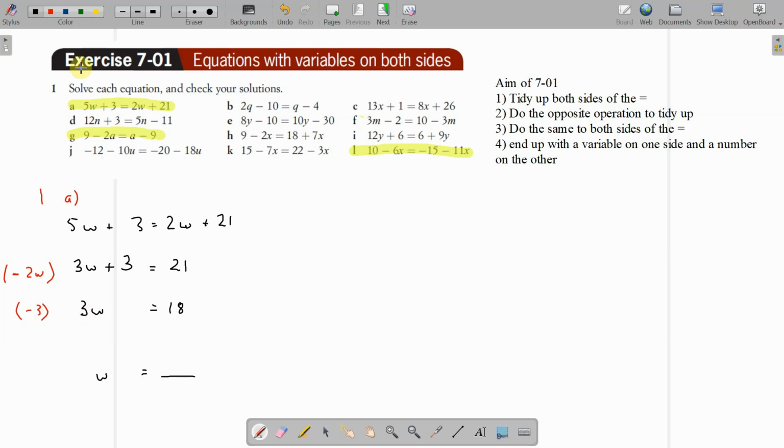Now the next step is to make that 3w into a w. The way to do it is to look at that and say, well, that's 3 times w. So how about we do the opposite of times and divide by 3.